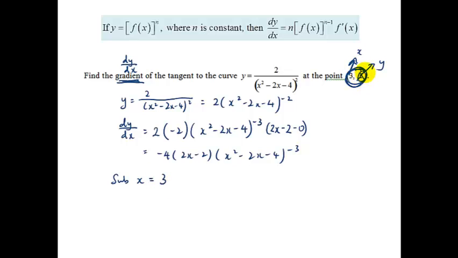No, we don't need it now. So let's sub in 3. You press the calculator to get an answer, and the value is 16. So the gradient at the point (3, 2) is 16.